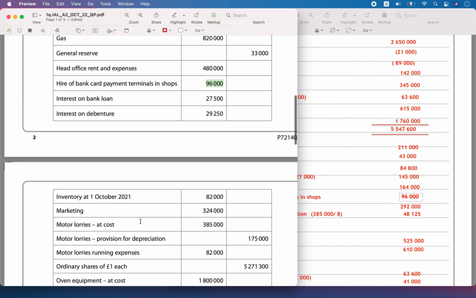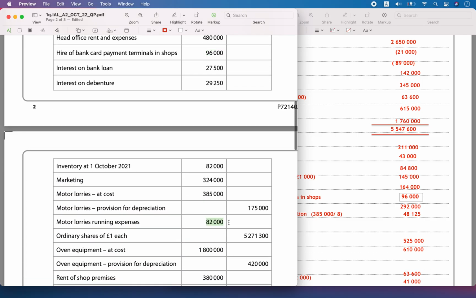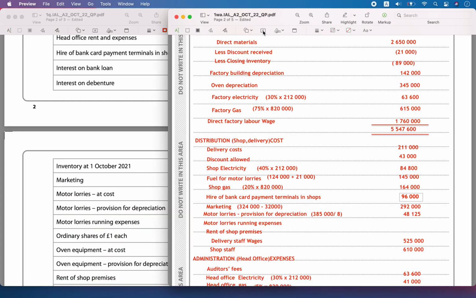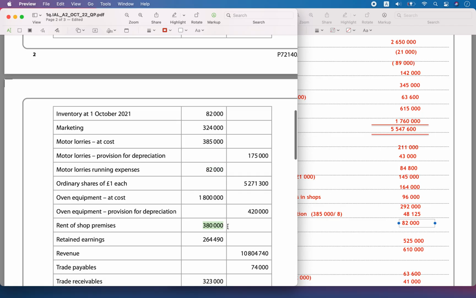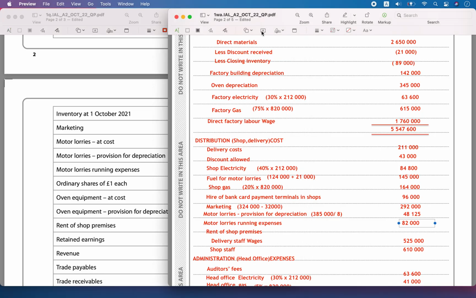Then you have motor lorry running expenses, so it is around 82,000. And then you have the rent on the shop premises, it is 380,000.